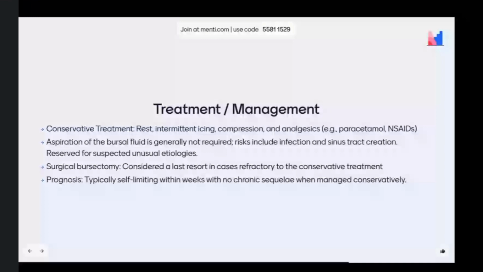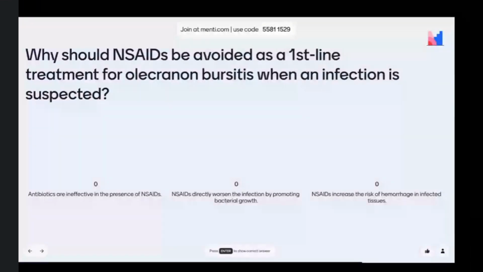So this is our last question, I guess. Why should NSAIDs be avoided as a first line treatment for olecranon bursitis when an infection is suspected? So just think about it. Think more about the infection. Remember that it has anti-inflammatory effects.